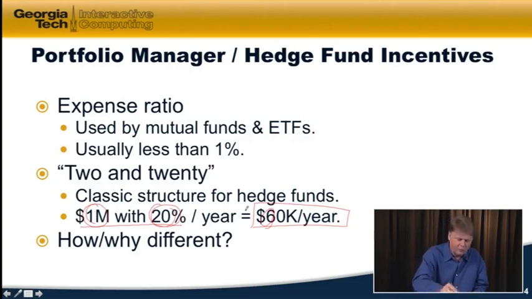Now, these two approaches are quite different and provide different incentives for the different sorts of managers. For instance, if you are someone who's managing a mutual fund or an ETF, your main goal is to attract investment because you're just getting this constant 1%.